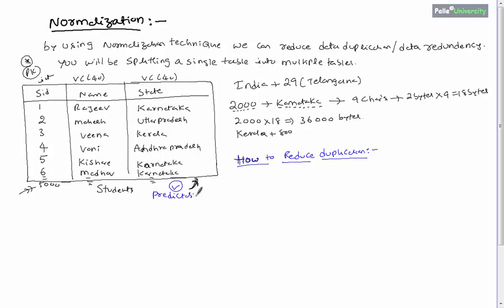State names in India are constant, fixed in general, right? So this is predictable data. When you observe duplication in a predictable data column, for storing such kind of data, it is better to create a separate table. Let me explain what I mean. Now, in order to reduce the duplication, you create a separate states table.